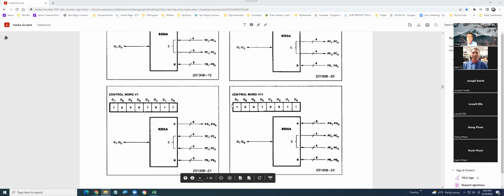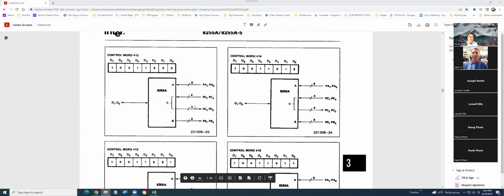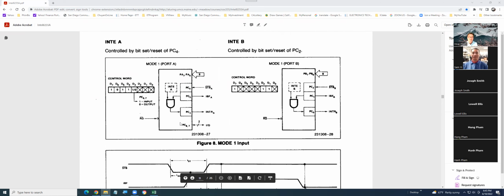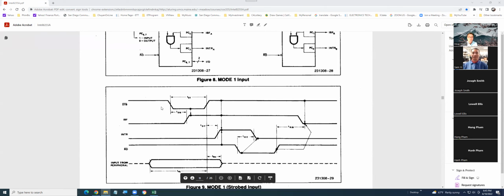So basically, now you understand this thing. Then you can make the 8255 work. And the other thing here, if you're an engineer, then you can go into the detail inside that IC. Okay, they can do a lot of different timing.